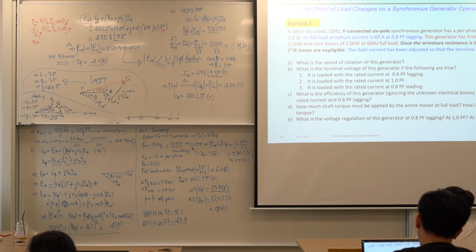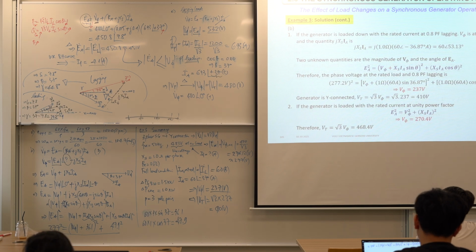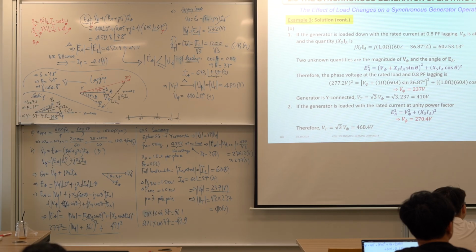V phase. 270.4. Okay, and then you can get terminal voltage. So root of 3 times 270.4, how many? 468, right? 468. Any questions?